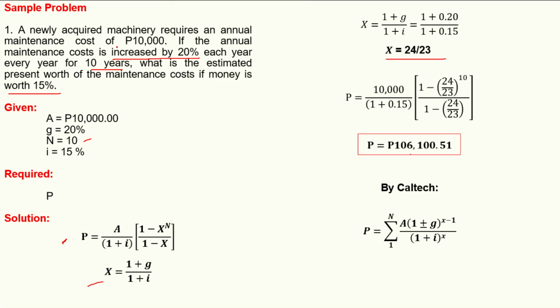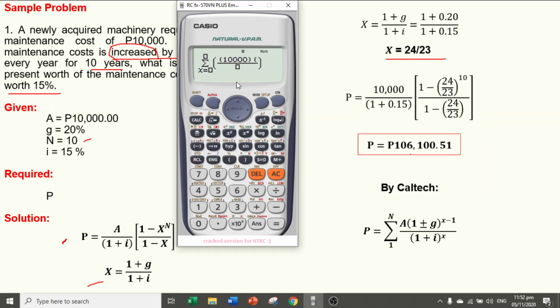Ayan, no? Kitang-kita, increase. So, positive dapat yan. 1 plus 0.20 raised to x minus 1 over 1 plus 0.15 raised to x.